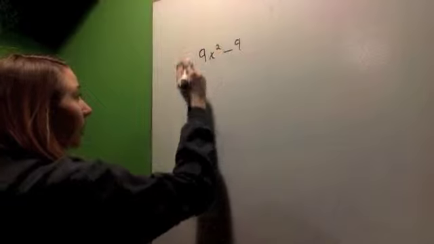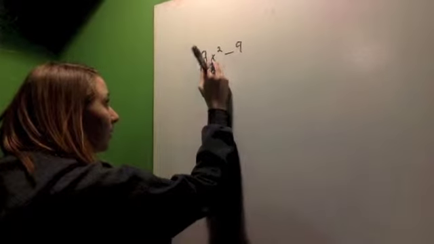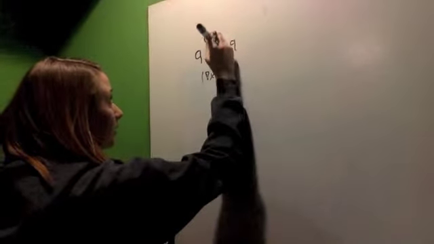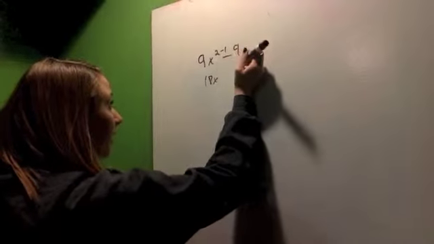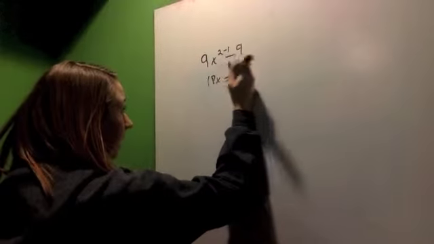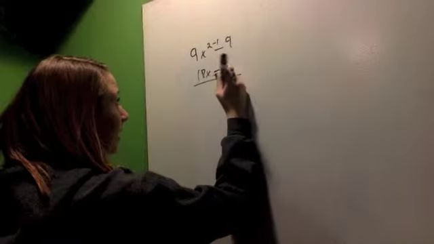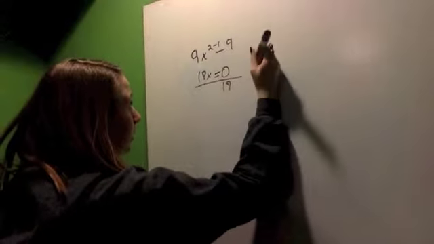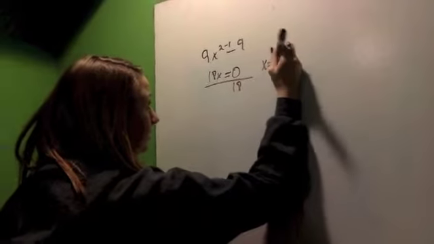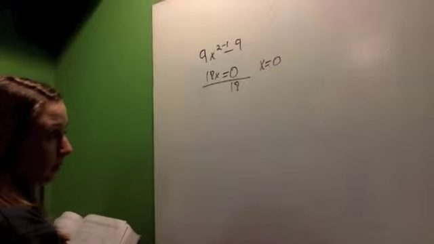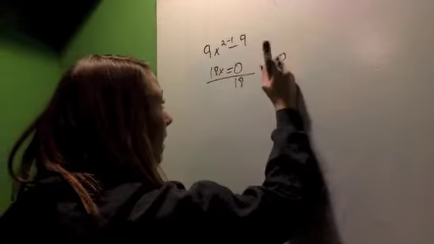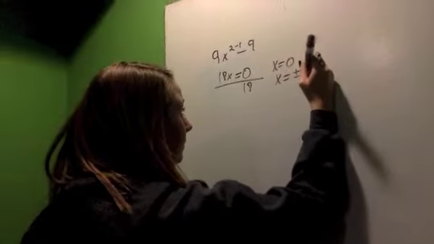So you take the exponent again and multiply it by the coefficient, so 18x, you subtract one from the exponent, and the 9 goes away, so you're just left with 18x equals 0. Then you divide by 18, and of course you get x equals 0. So your critical points are x equals 0 and x equals plus or minus 1.